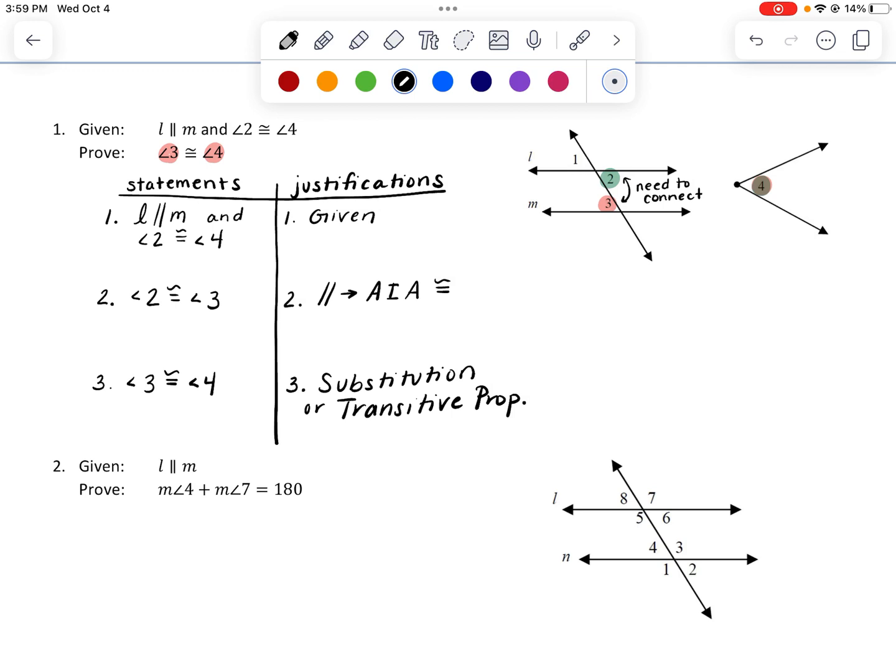Either one for this example works. Okay, that's it, right? 3 steps and I got to where I need to be. Let's go ahead and try the next one.